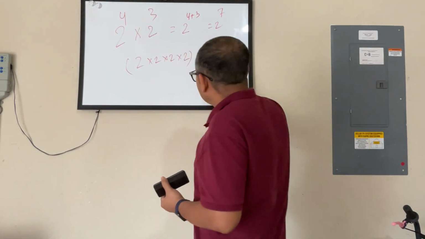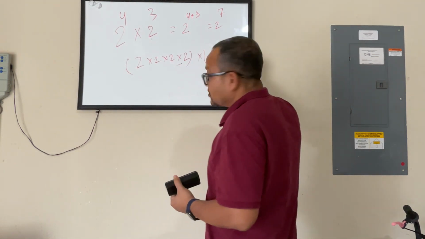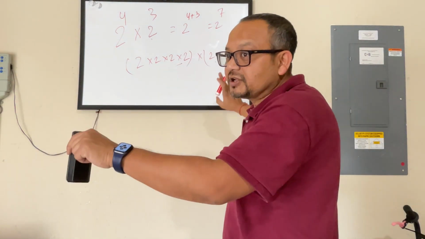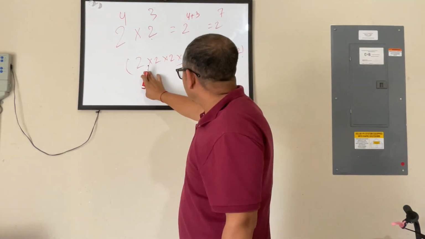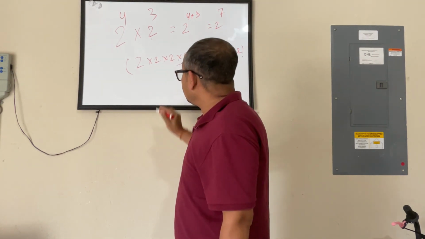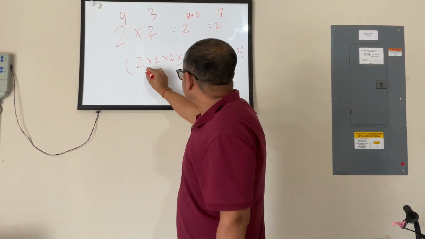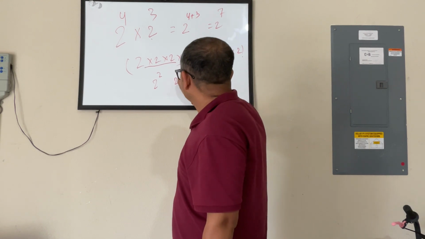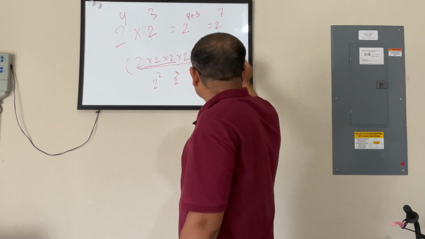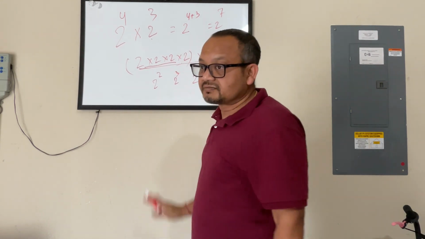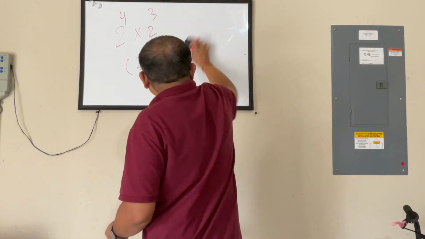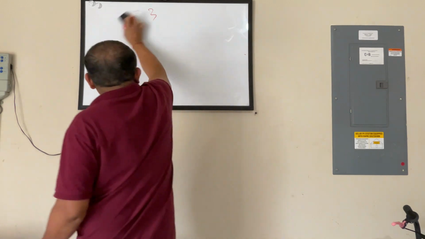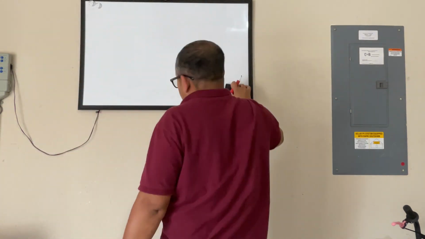So this is 2 to the power 4 and this is 2 to the power 3. We just expanded it like a child. Now we know that if I am multiplying 2 with 2 another time, it becomes 2 to the power 2. If I am multiplying 3 times, it becomes 2 to the power 3. Here I am multiplying 7 times, so it becomes 2 to the power 7. So this is the basic formula, basic concept.